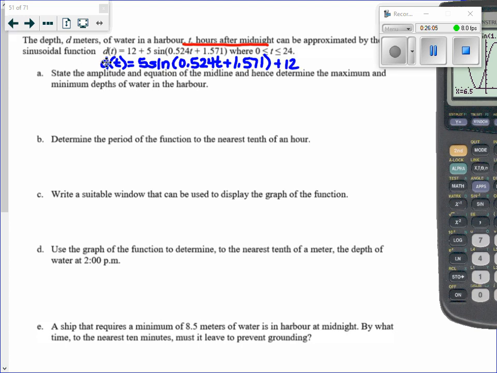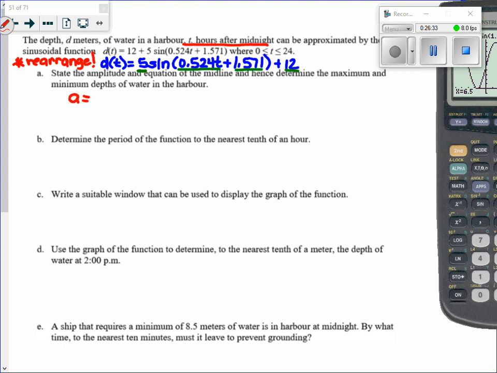Okay, because that plus 12 needs to be in its normal place when the equation is written in standard form, so that I can identify my A value, my B value, my C value, and my D value, right? Okay, so just make a note to yourself, rearrange if the equation is in the wrong order, okay?